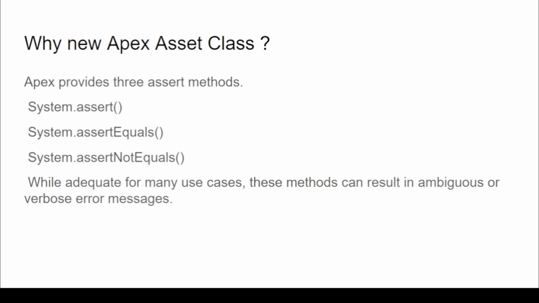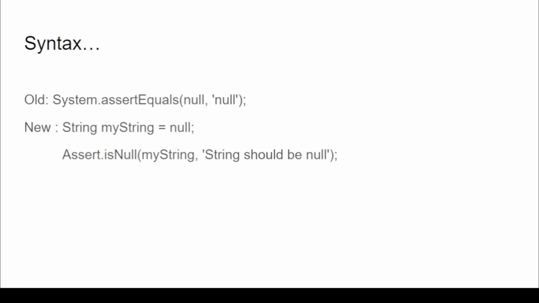So now, the old syntax was System.assertEquals null and null, checking for these things. In the new method, we use a variable called myString, and we check Assert.isNull. If myString is null, it will return true, else it would return false.